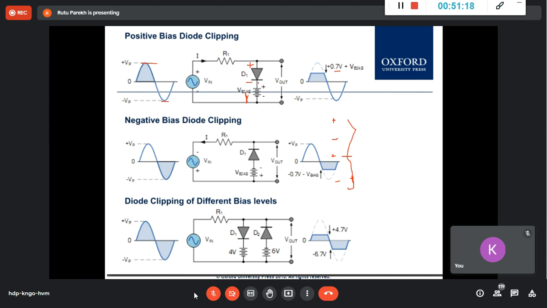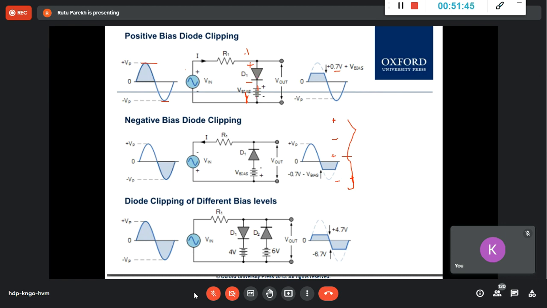Okay, when? So now let's say you start with 0 and then 0.1 volt. So let's say 0.1 volt is here, and this is 1 volt. Right, so this positive has to be greater than this 1 volt, and then plus this bias 0.7.